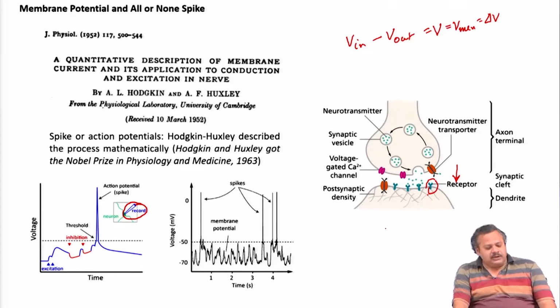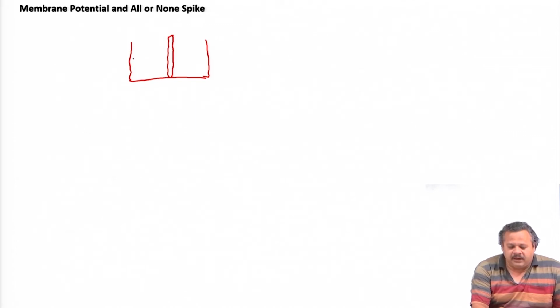time. If you recollect from your high school chemistry, suppose we have a semi-permeable membrane with an aqueous medium, and this semi-permeable membrane is separating the aqueous medium on the two sides.